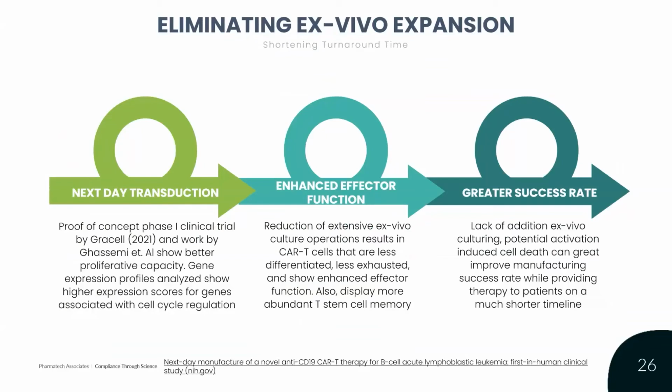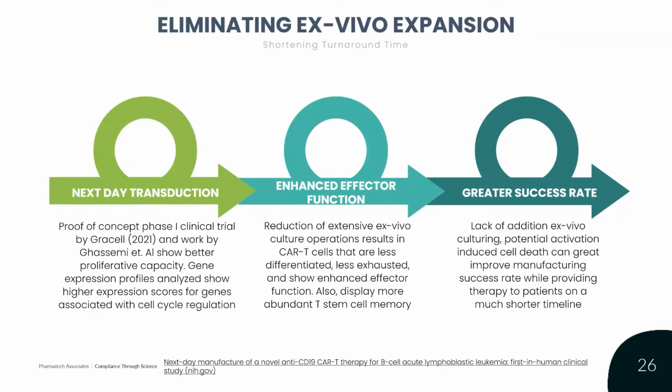That means very little cryopreservation, absolutely zero ex vivo cell expansion. They're focused on turning around the cells as quickly as possible so they don't end up with exhaustion markers or cells not amenable to cell culture conditions.